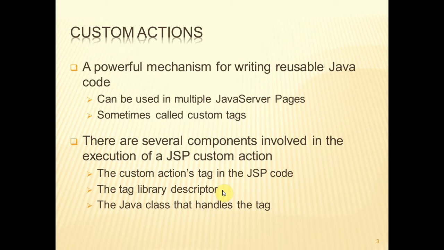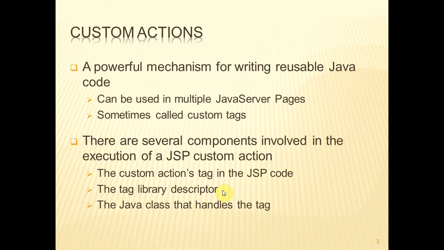And for us to be able to write these custom actions or custom tags, what we need are three components. We need the custom actions tag to be put into the Java server page. We need a tag library descriptor that defines the tag in terms of name and attributes and so on. And we need the Java class that will be executed whenever that tag is encountered in the code.